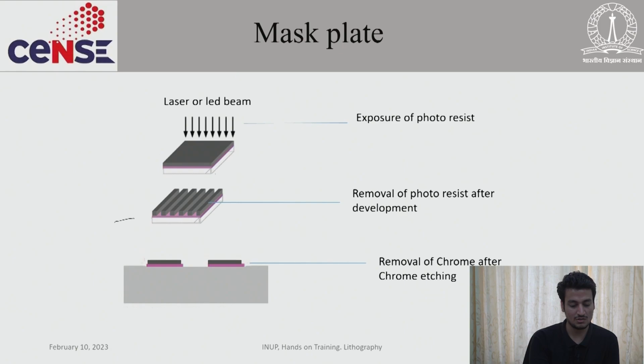When we etch the chrome in the open area, some areas are covered with the resist, which protects the chrome beneath it, and the other area is open for the reaction, so that area will come out in the chrome etchant. After the chrome removal, this is the cross section view of the photo mask.